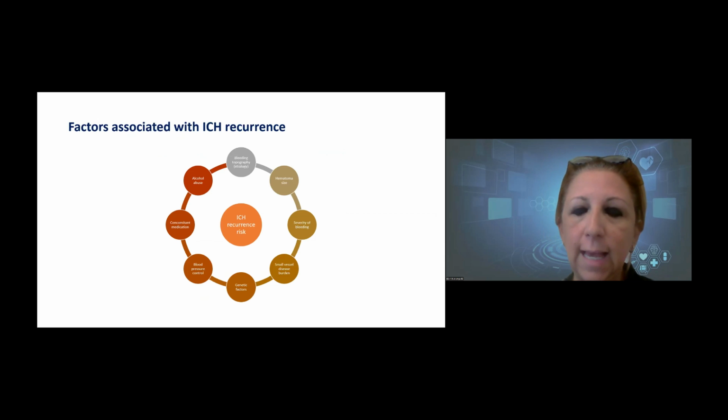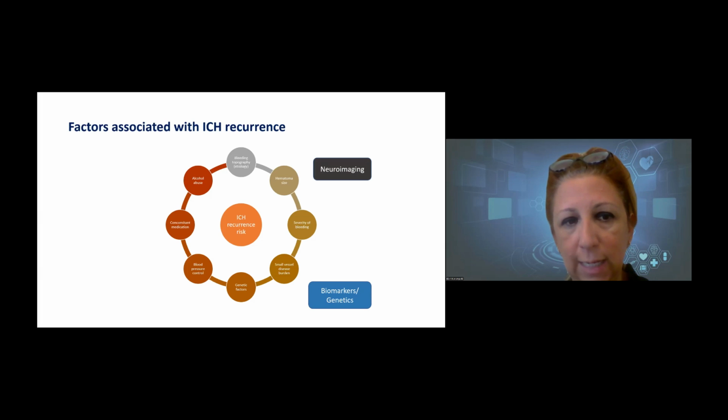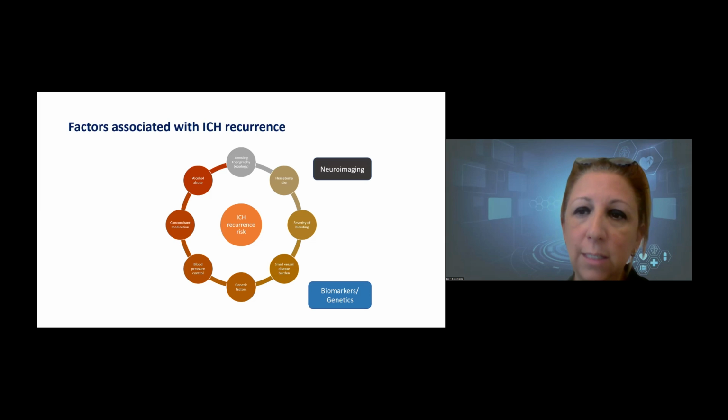In order to assess the ICH recurrence risk, several factors should be taken into account, including neuroimaging parameters, bleeding topography, hematoma size, and of course severity of bleeding and type of bleeding, small vessel disease burden using MRI imaging, and also genetic factors such as ApoE epsilon-2 and epsilon-4 allele status, and most importantly, modifiable risk factors such as blood pressure control, concomitant medication, and alcohol abuse.